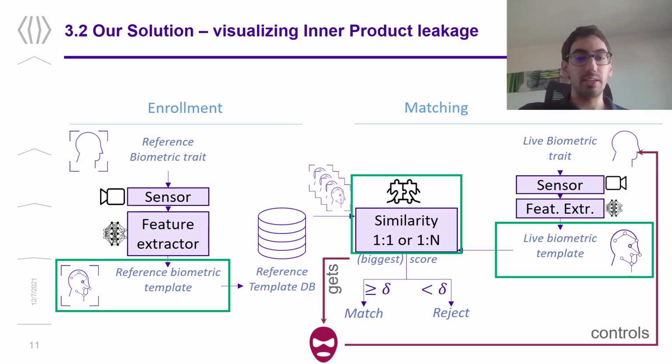Then since we're not protecting the resulting score, he is going to be getting these resulting scores. And the thing is that thanks to the small leakage that he gets for each query, he can finally reach a point where he can univocally retrieve the reference biometric templates. The problem with this is that he would be able to impersonate someone from the database.